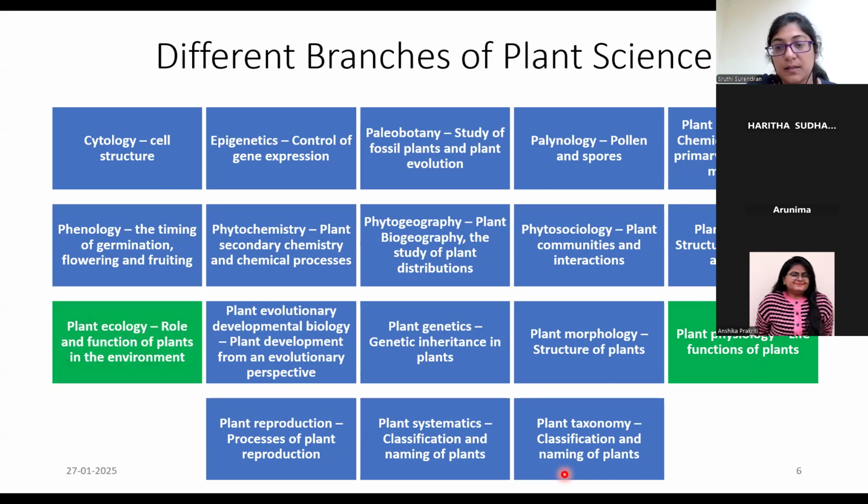Plant physiology is the branch of plant science that deals with different life functions of plant, and plant ecology is the study of how plants function in an environment and interact with the environment and its surroundings. We'll also be going a little bit into the chemistry of plants, but we'll just be touching on it. We won't be going in deep. But for all those processes that are involved in plant physiology, what are some of the chemistry related to that?